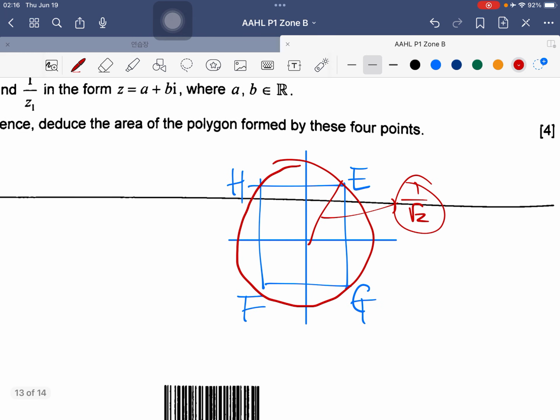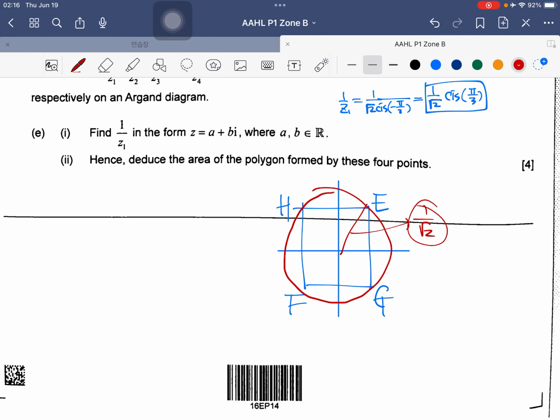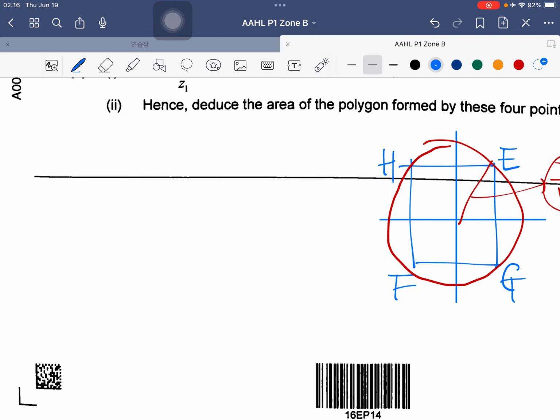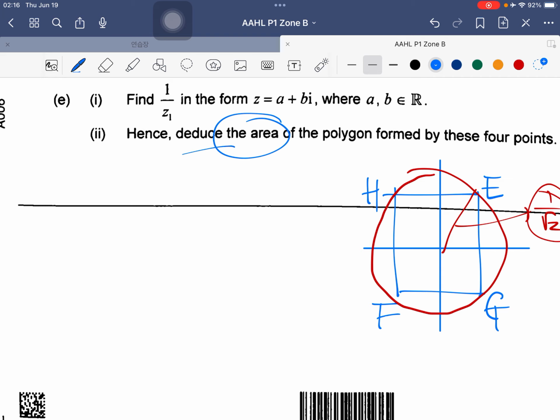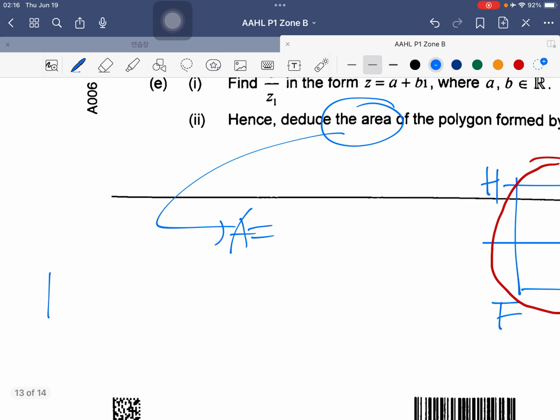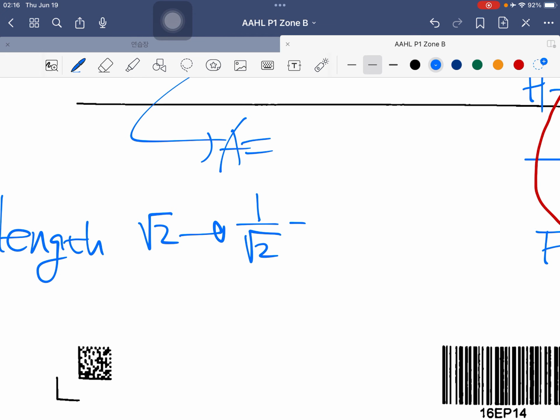But the shape of this rectangle is always the same. So for the deduced area, the original length was square root of 2, changed to 1 over square root of 2, which is equal to square root 2 over 2.